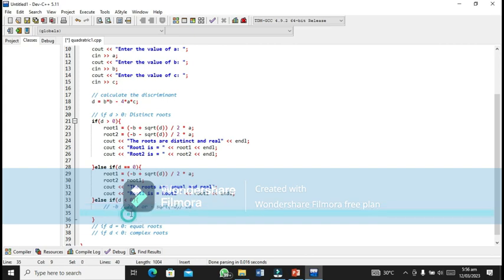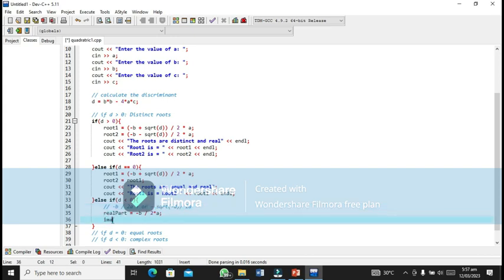So in this case, what we need to do is to call the real part variable and assign the value of minus b divided by 2 multiplied by a. That becomes our real part. This is not giving us an issue. But here we have an issue. Now, we want to forget about the minus or plus, and focus on the square root of that negative number divided by 2.